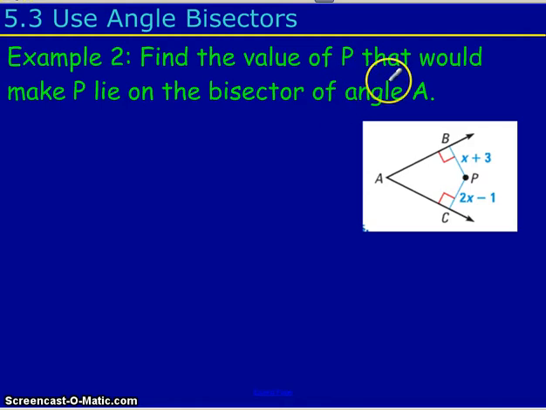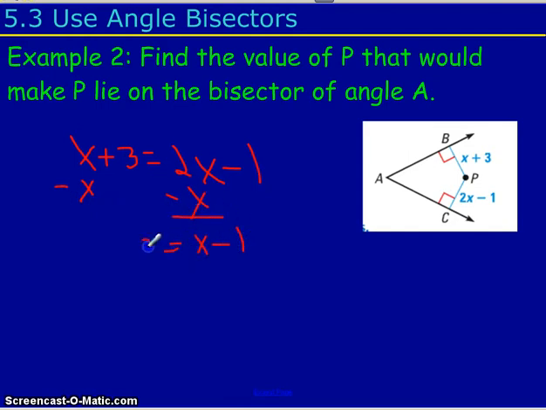Let's see, example 2 says find the value of P that would make P lie on the bisector of angle A. So P is right here. For it to be on the bisector, that means that the two blue lines would have to be equal. So I'm going to put x plus 3 equals 2x minus 1. Got to bring my x's to the same side, so I'm going to go ahead and just subtract the x, which will give me just 1x.